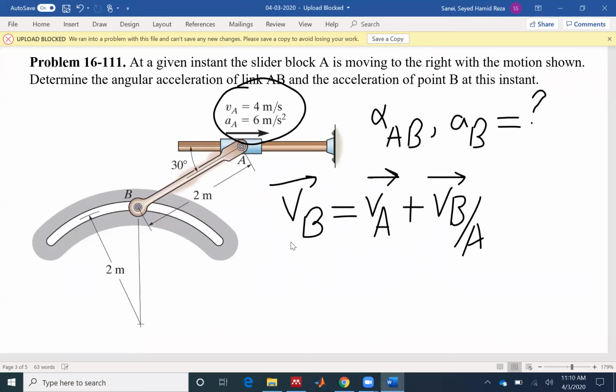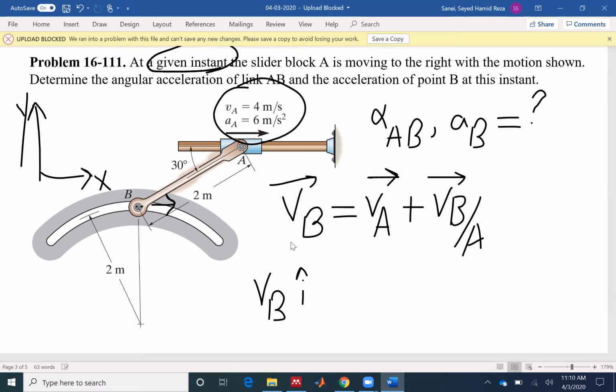VB at this instant has a horizontal motion in this direction. So if I have my coordinate system, X and Y, VB would be VB i. If I want to write it in vector form, it has only one component at the given instant, in the positive X. VA is 4i.